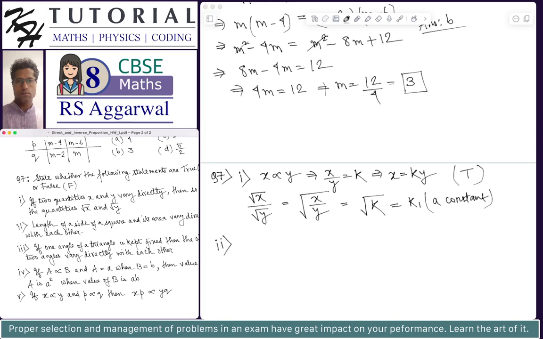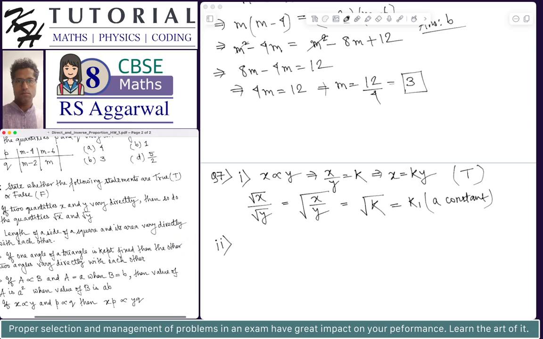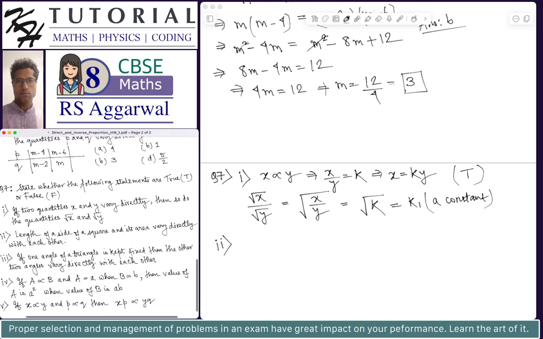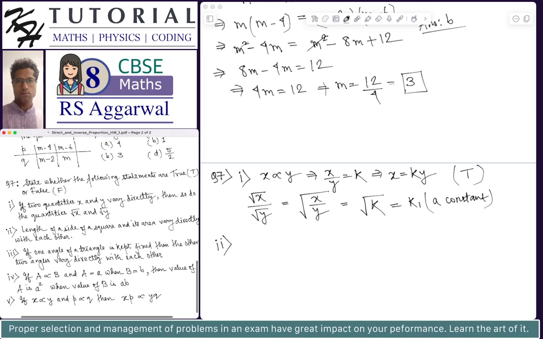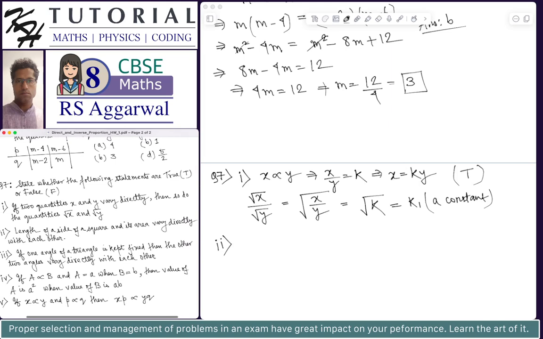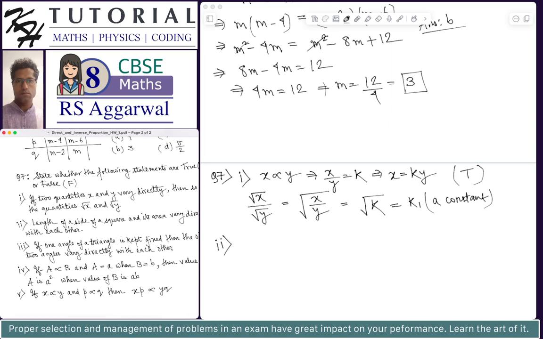Part 2. The length of a side of a square and its area vary directly with each other. Okay.